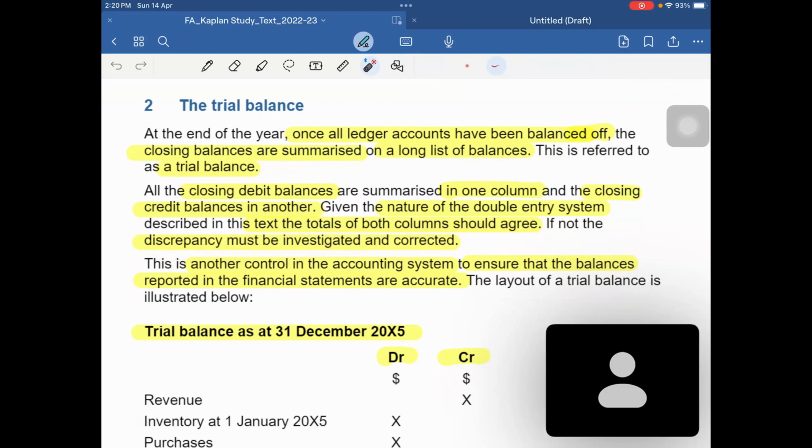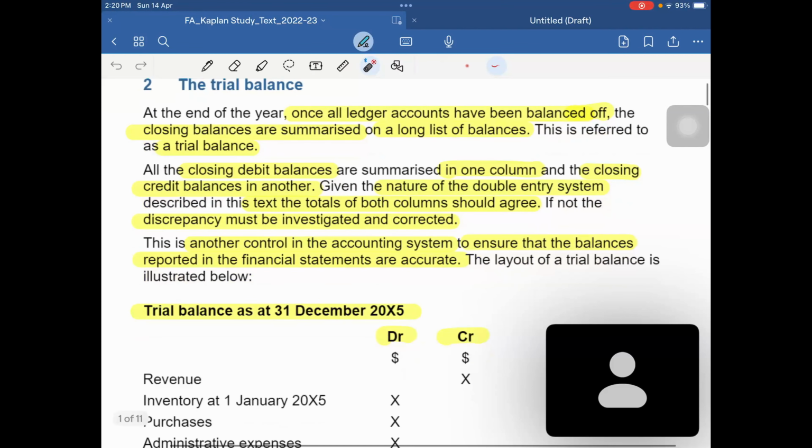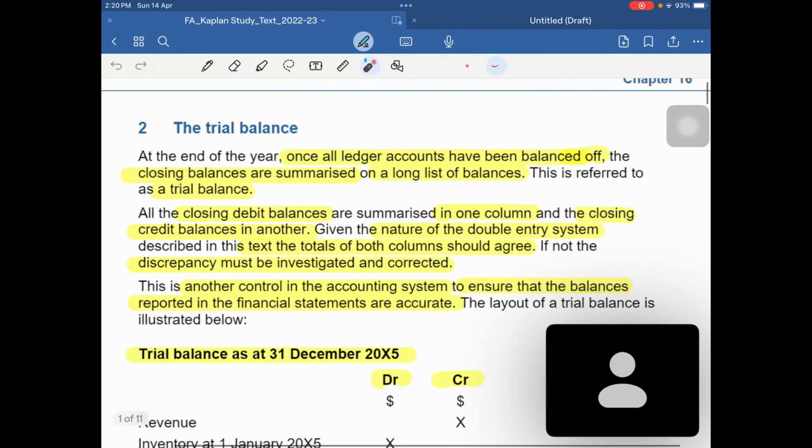This way, the trial balance also acts as a control account. Why is that? Because we can know whether there are any discrepancies in the accounts that we have created so far. I want you to write the heading as Trial Balance.